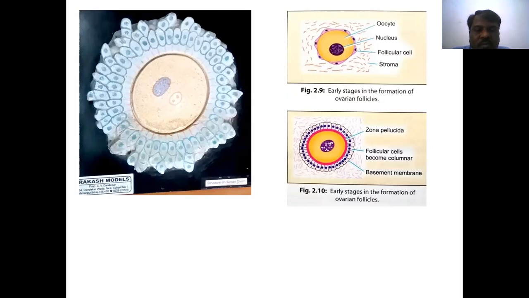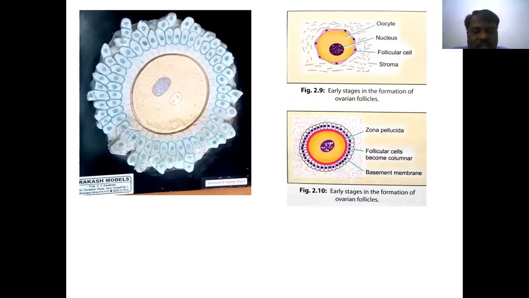In the further step, outside the oocyte we can identify the cell membrane. Zona pellucida forms. After that, we can identify the stromal cells; the follicular cells become columnar and a basement membrane forms. Outside, we can also identify the remaining stromal cells.